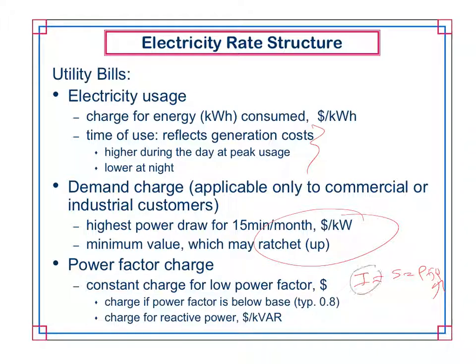So if I have a bigger I because I have a bigger Q, that means I have greater real power losses on my system because the magnitude of my current is larger. Because of that, the utility has to pay for the losses in the system that they're not quantifying, because they're not getting paid for the VARs you're demanding. They're only getting paid based on the amount of watts you're consuming, so they'll actually charge you to include those losses.